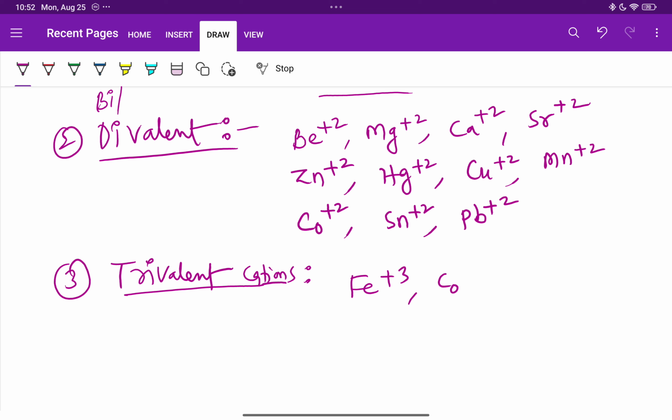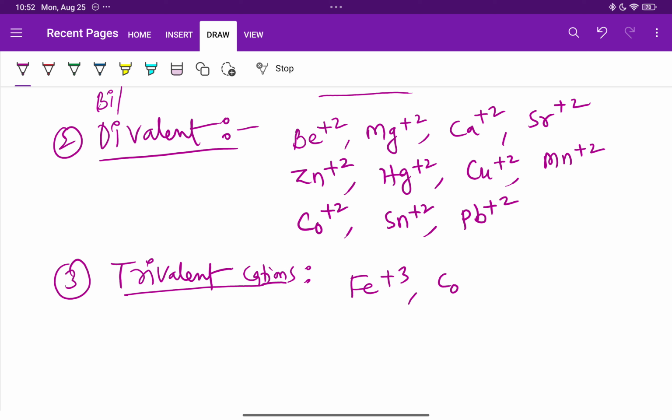These all ions belong to trivalent cations. And next, we have tetravalent cations also. So first one is Sn+4, Pb+4. These two are good examples for tetravalent.